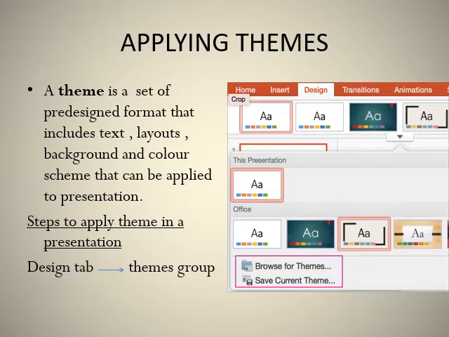We can also select the theme type from the File tab, New, Themes option available in the Available Templates and Themes section. So about themes, two things we have to remember: it is a pre-designed format that we apply to our presentation, and it is present in the Themes group of the Design tab.